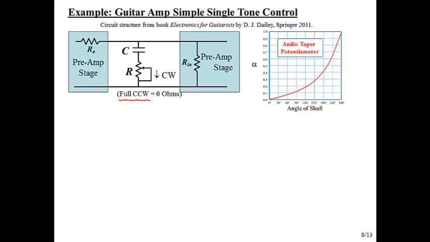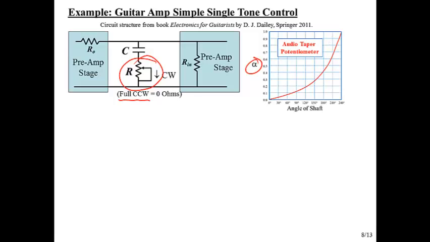And it's important when implementing this that you would use a so-called audio taper potentiometer. This is just an illustration; they're not all exactly like this, but it shows going from 0 degrees to a maximum of 240 degrees of shaft turn. It doesn't linearly change the resistance. If alpha were a multiplicative factor times R, it changes it nonlinearly like this.